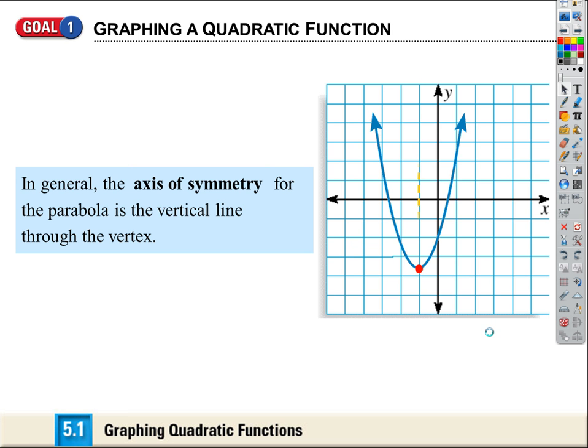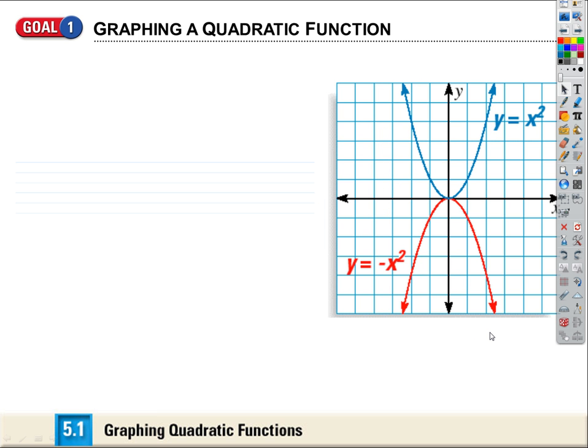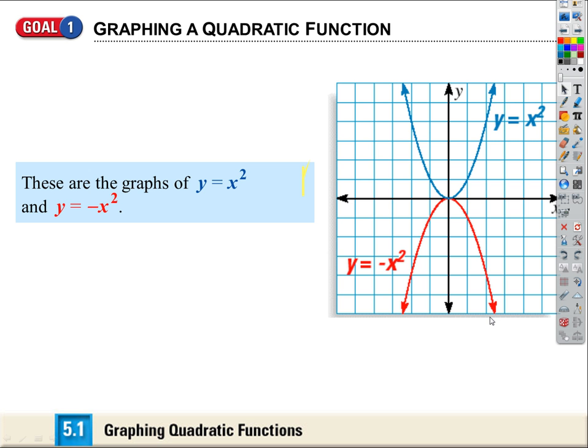So that's the axis of symmetry. We know that parabolas open up if they're multiplied by a positive number, and they open down if they're multiplied by a negative number, and that's pretty standard. We've talked about this earlier for all functions. Same is true for absolute value functions, right?